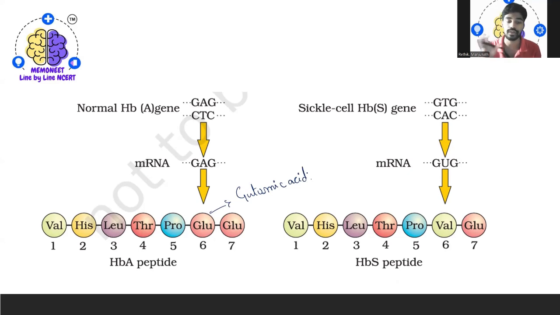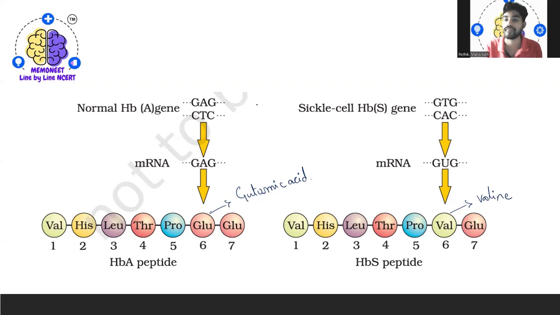The glutamic acid that you are seeing here, which is in the sixth position of the beta globin chain of the hemoglobin molecule, gets substituted by valine. Okay, the substitution of this amino acid in the sequence you're seeing.